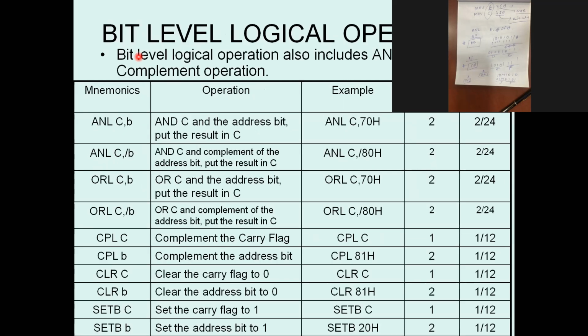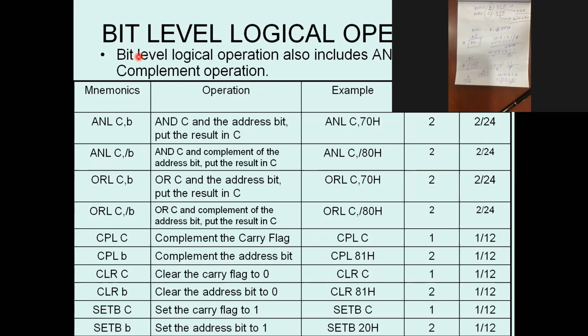Next, these are bit operations. ANL C, bit means logical AND between the carry flag and the particular bit address, and store the result into the carry. Similarly, ORL C, bit. CPL C means complement the carry flag.